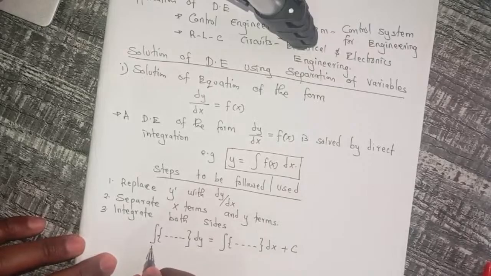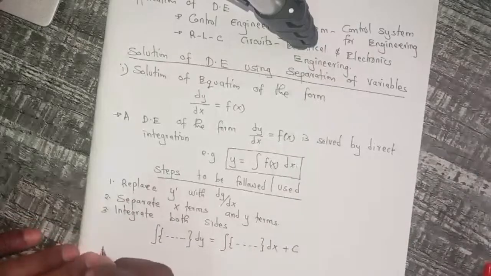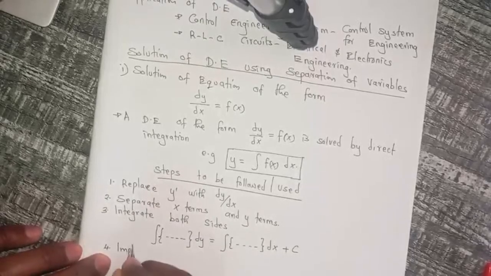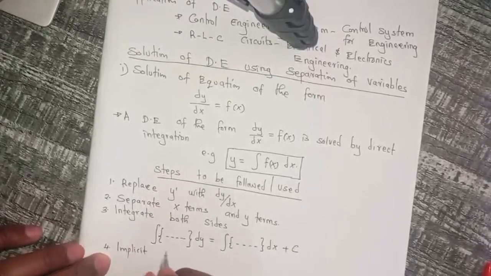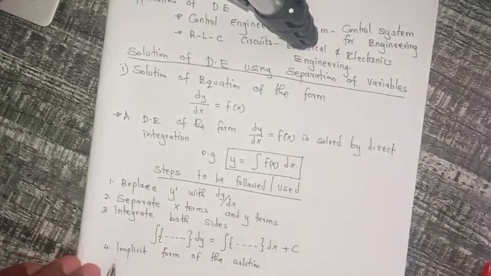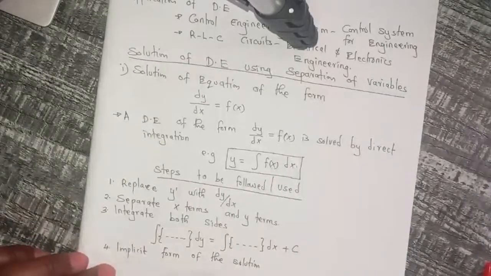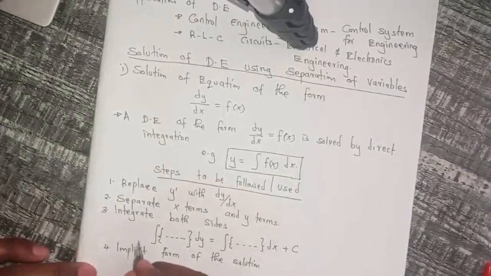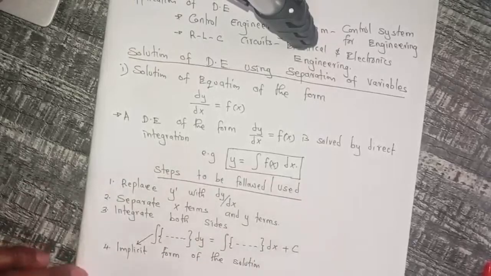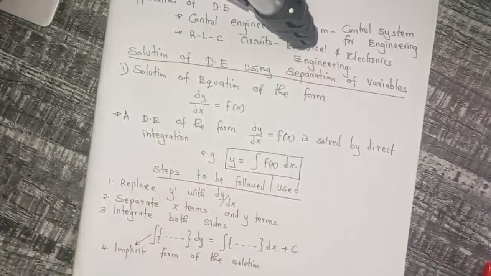And this is now what we refer to as number 4, the implicit form of the solution. So the next step is to get the implicit form of the solution, which is given by performing your integration on both sides.